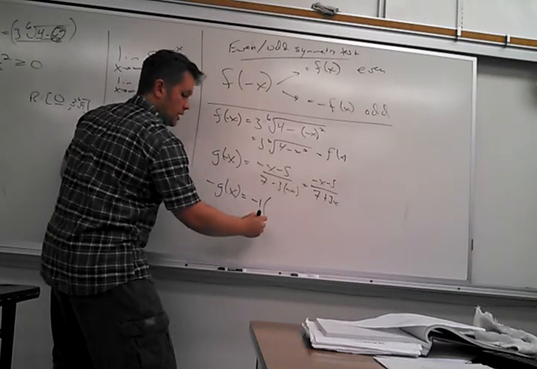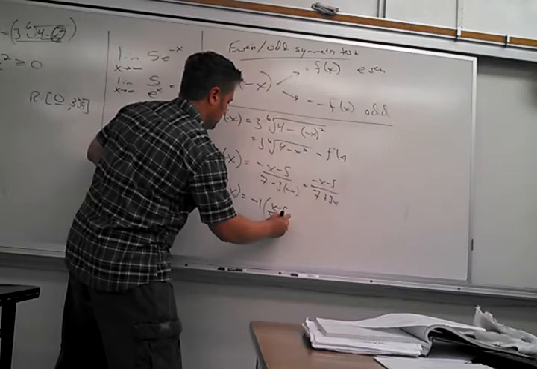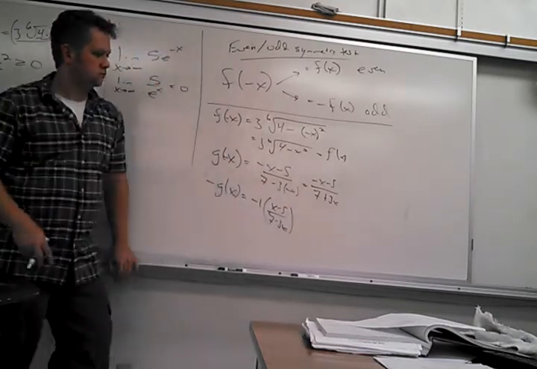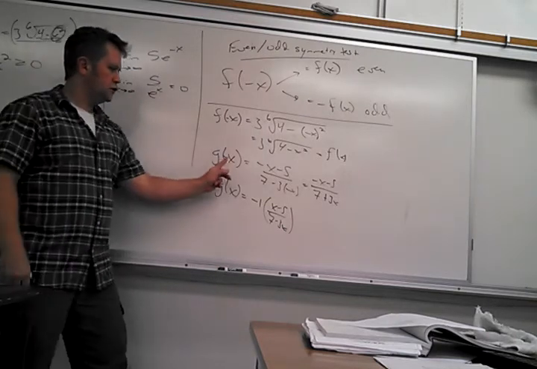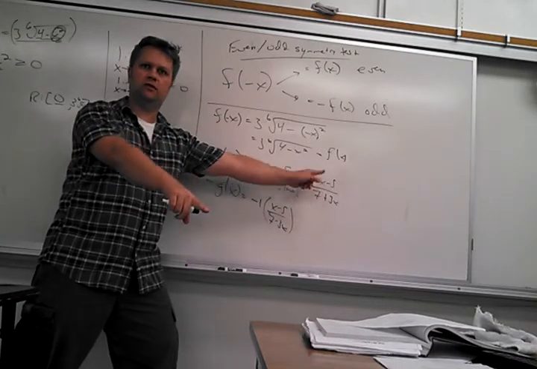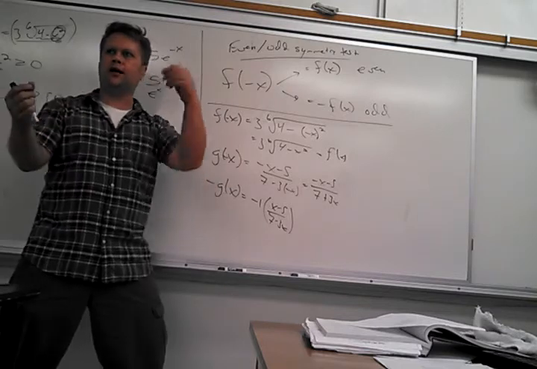That's negative 1 times x minus 5 over 7 minus 3x. Are these equal to each other? No. So g of negative x is definitely not equal to what g was. This is different from g. And it's also not equal to what negative g of x would be. So is it even or odd?